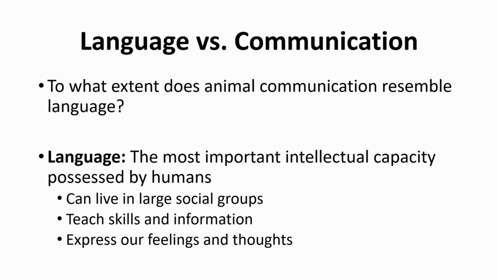communication that humans do. People tend to agree that language is one of the most important intellectual capacities possessed by humans, because language is what allows us to live in large social groups. It's what allows us to teach skills and information, to pass on information between generations.